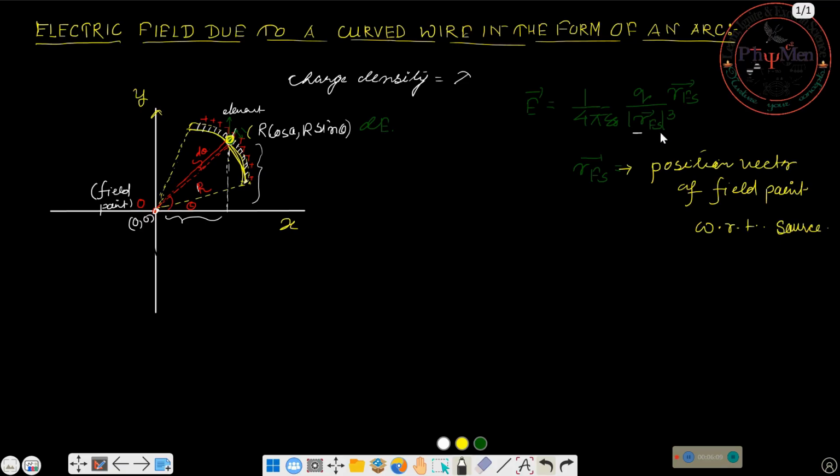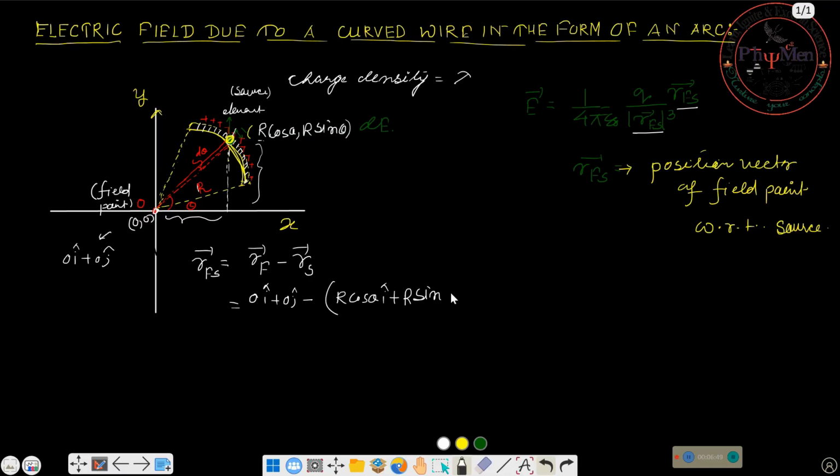So we'll write these two parameters. One is the position vector of the field point with respect to the source. That means position vector of the field point minus position vector of the source. The position vector of the field point is 0 i cap plus 0 j cap. The position vector of the source point is r cos theta i cap plus r sin theta j cap.